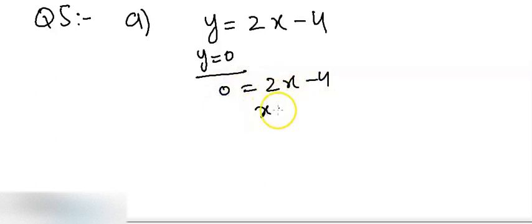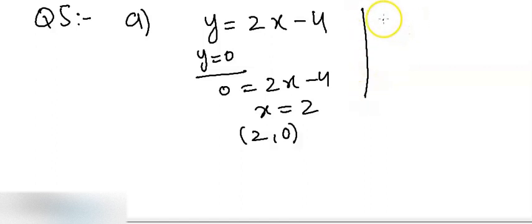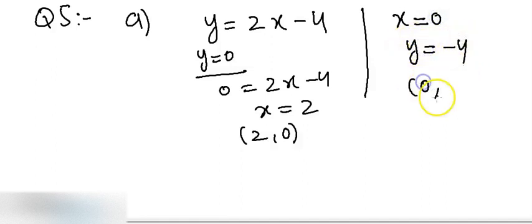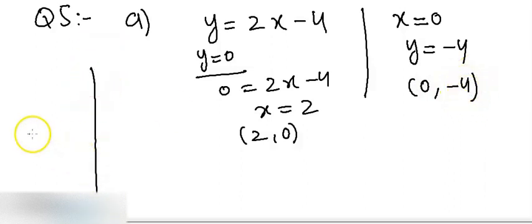I want the point where this line cuts the x-axis, so y must be 0. So 0 equal to 2x minus 4, and when you solve this you get x equal to 2. So 2 comma 0 is the point where this line cuts the x-axis. Similarly, for the point on the y-axis we need to set x to be 0, so y is going to be minus 4. So 0 comma minus 4 is the point where the line cuts the y-axis.